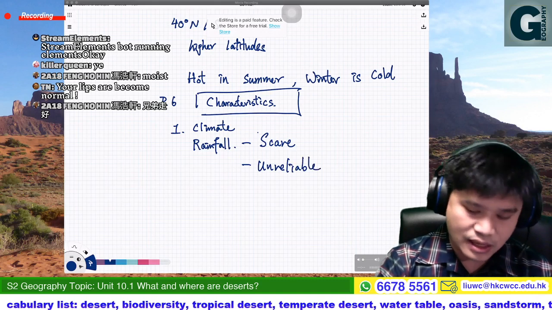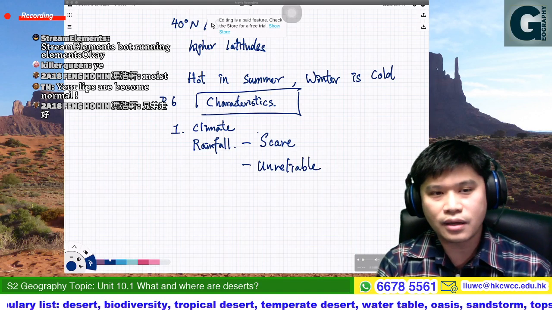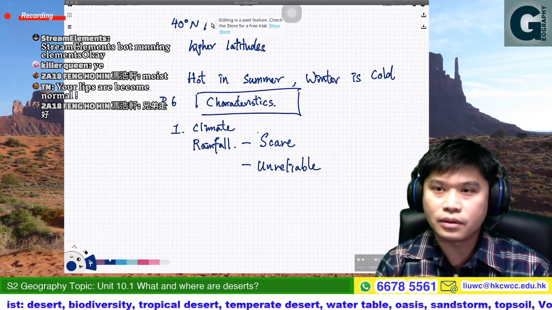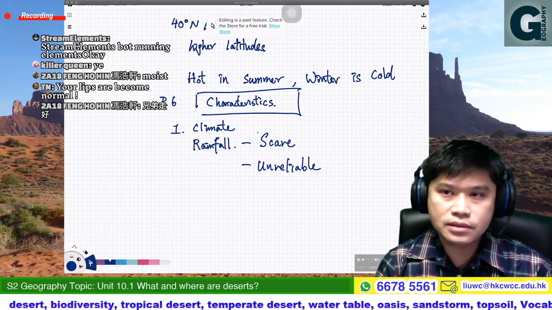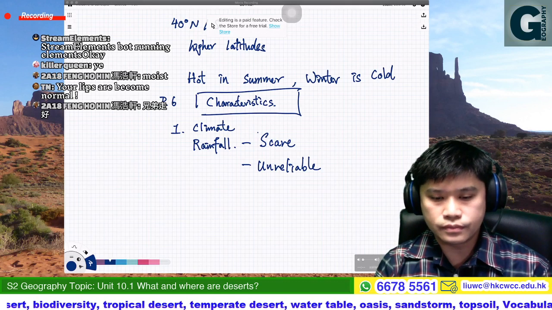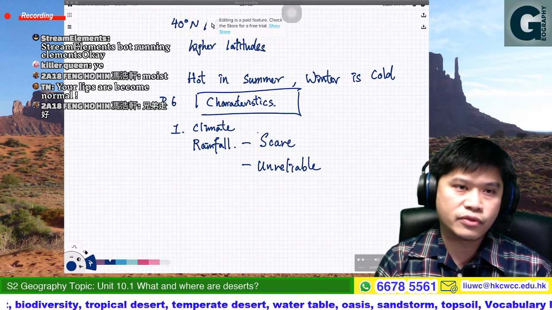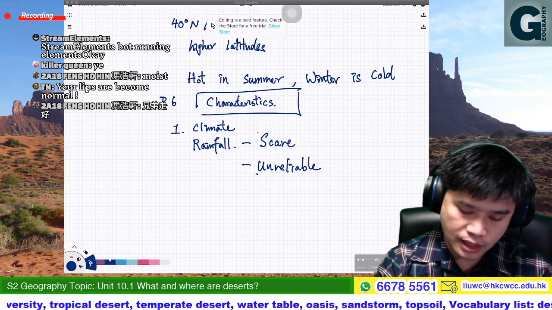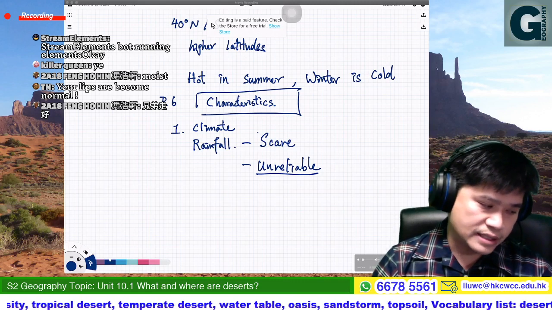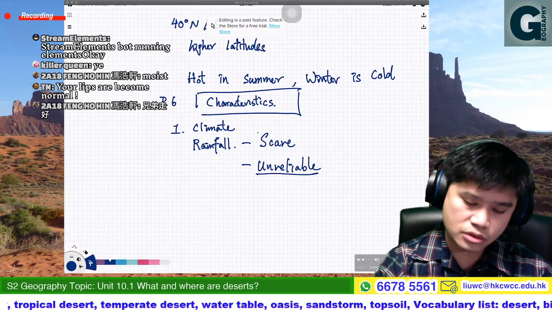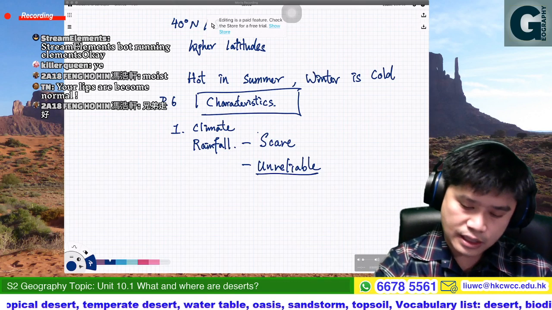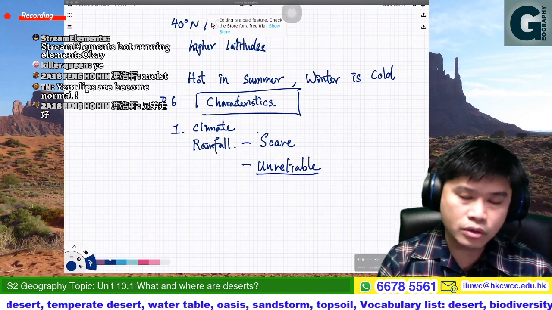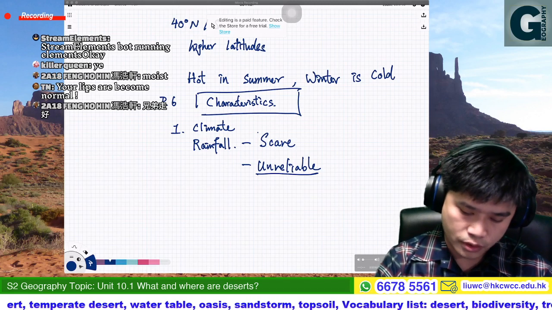It means it is quite difficult to predict or know when the rainfall in the desert will come. That's why we call it unreliable. Scarce means very little, and unreliable means we don't know when it will rain.